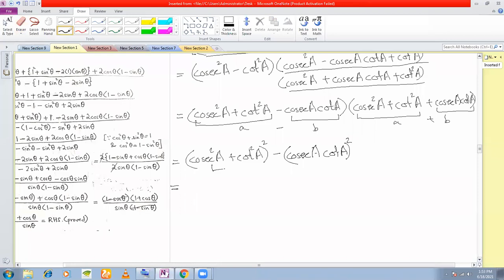Now the first one here, you can expand by A plus B whole square. So you get cosec to the power of 4A plus cot to the power of 4A plus twice cosec square A cot square A, and this one will become cosec square A cot square A. Okay.